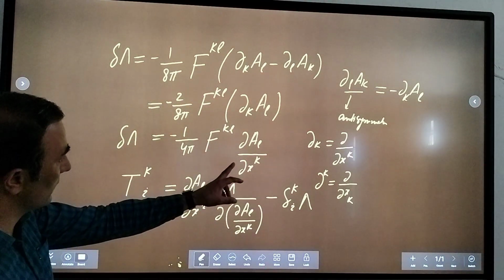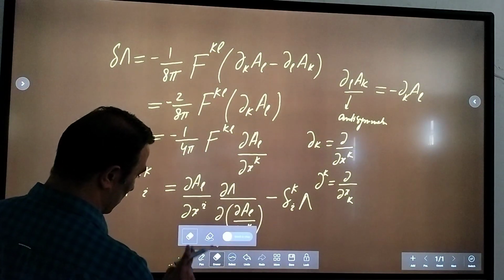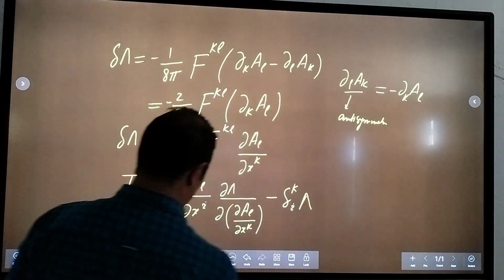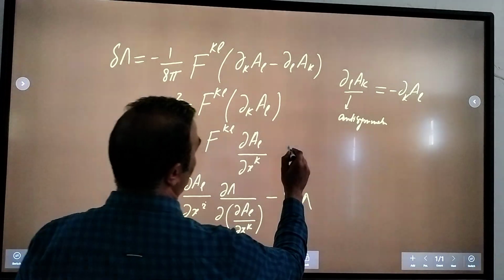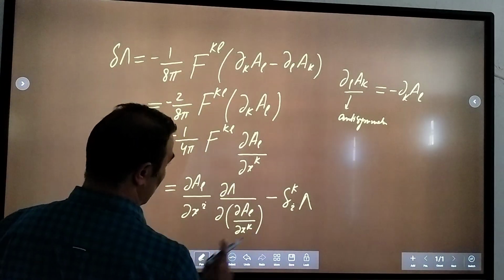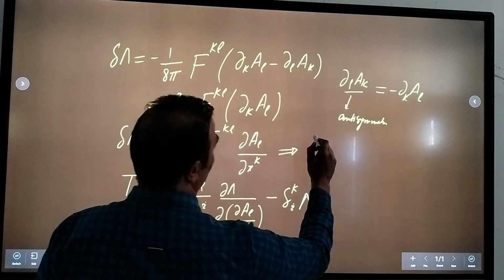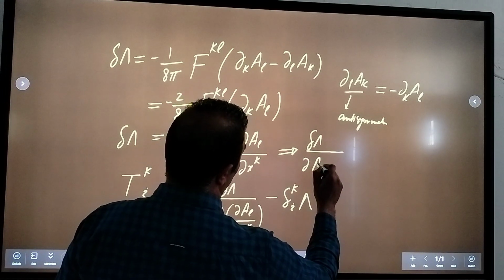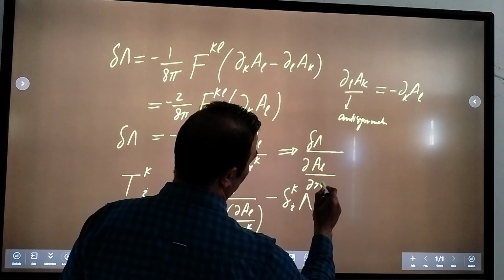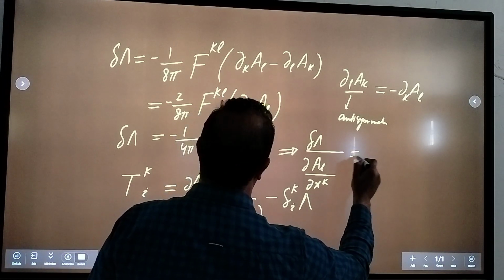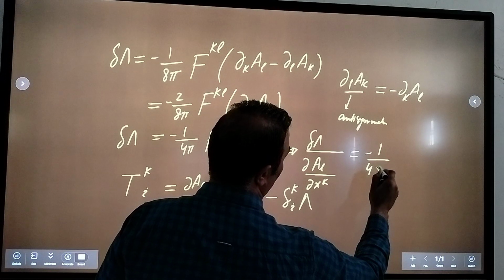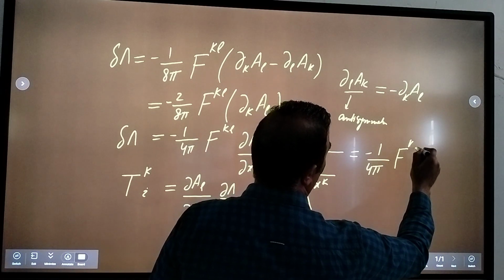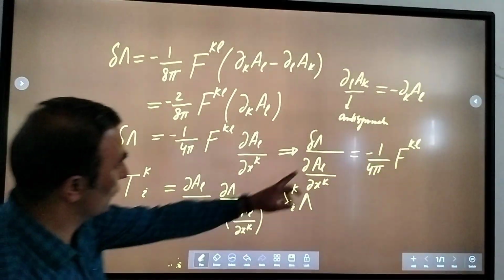Because I can use this, from here I can do one thing. Let me write it here. So instead of this, I can rewrite this term as partial lambda upon partial A L by partial X R, that's equal to minus 1 by 4 pi F. Okay. So I can use this in this equation.